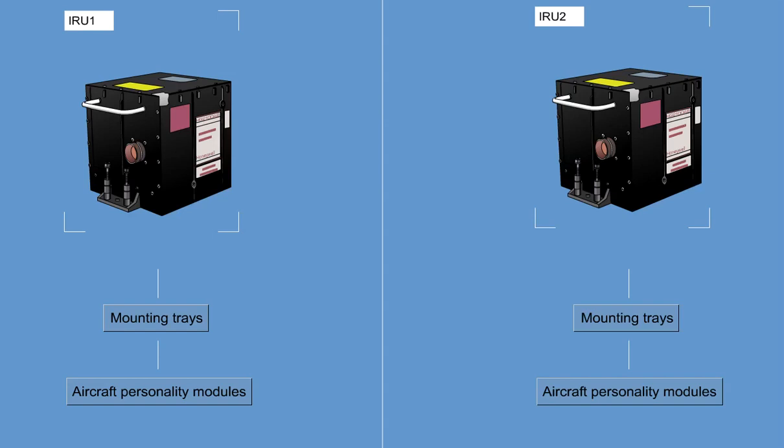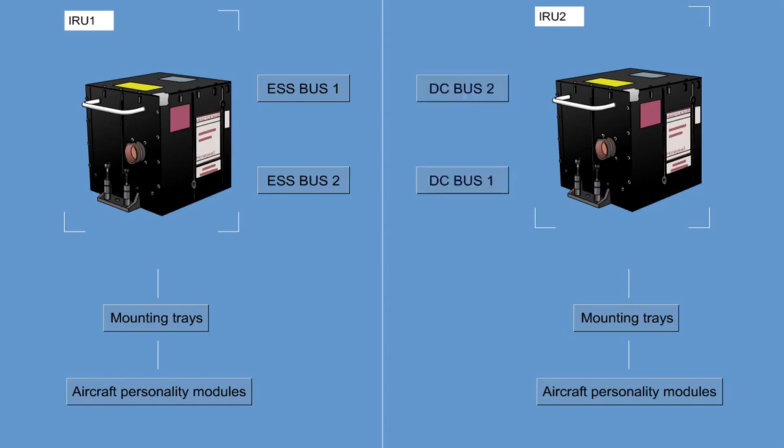The primary and secondary input power for micro IRU1 are Essential Bus 1 and Essential Bus 2, respectively. The primary and secondary input power for micro IRU2 is DC Bus 2 and DC Bus 1, respectively. In an electrical emergency configuration, the IRS-1 will remain operating powered by the ram air turbine generator.